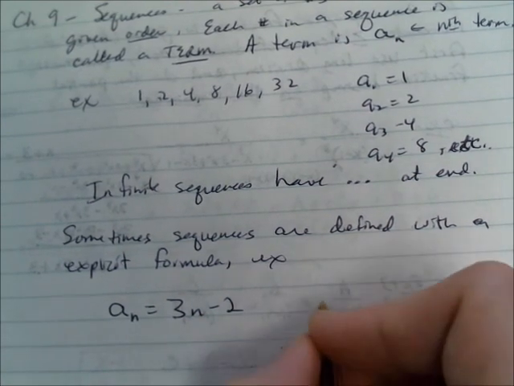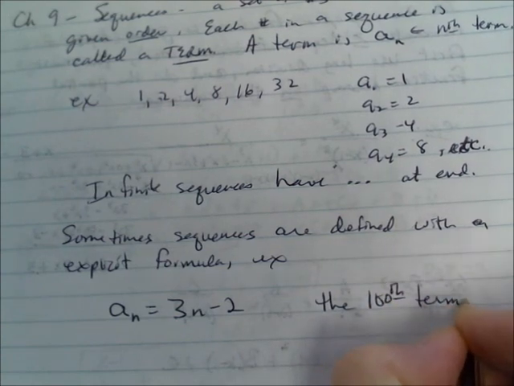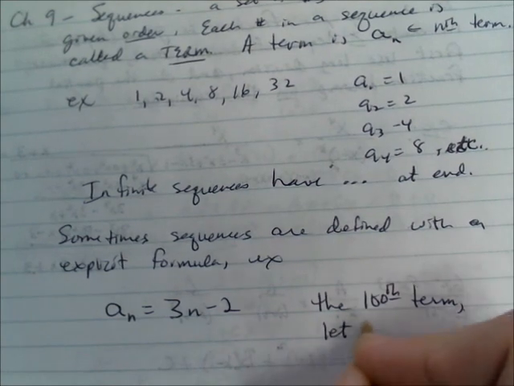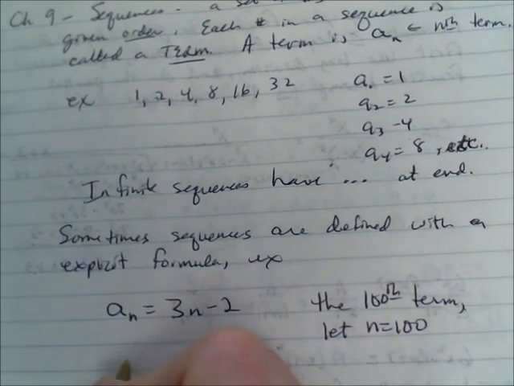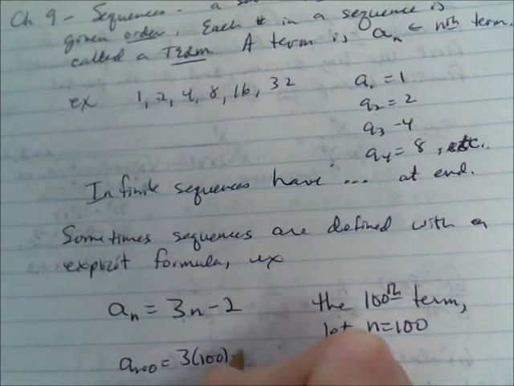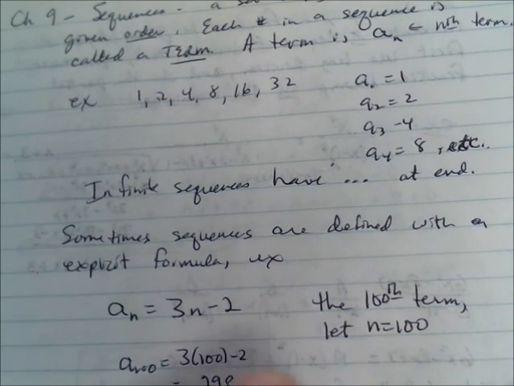So if you're asked for the 100th term, you just let n equal 100. So the 100th term is equal to 3 times 100 minus 2. 300 minus 2, I think, is 298. So the 100th term is 298.